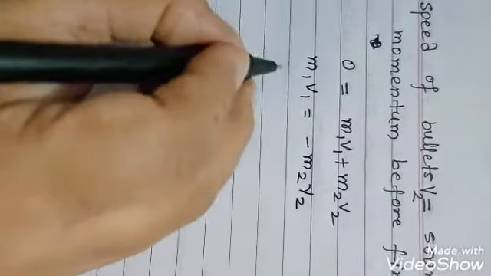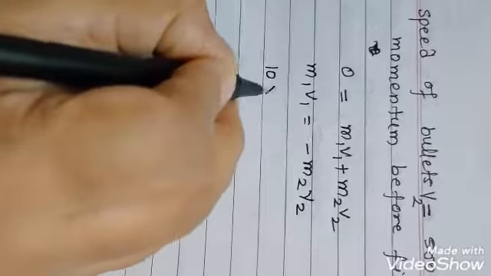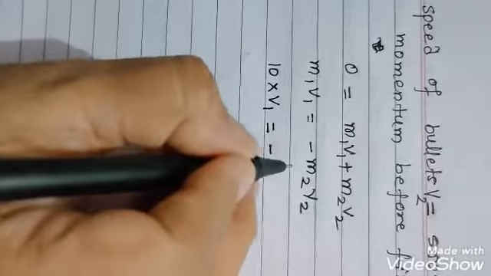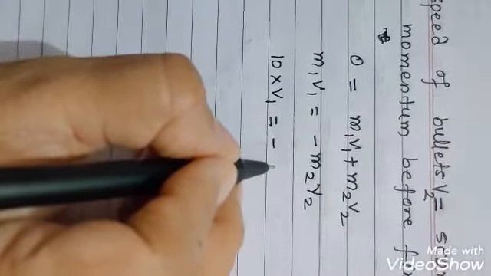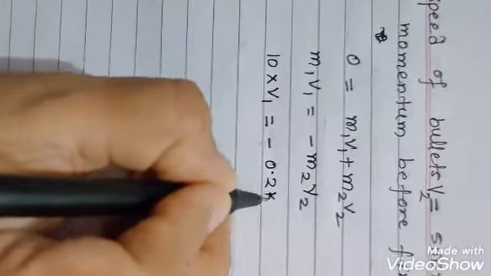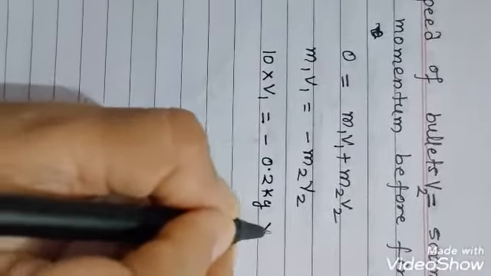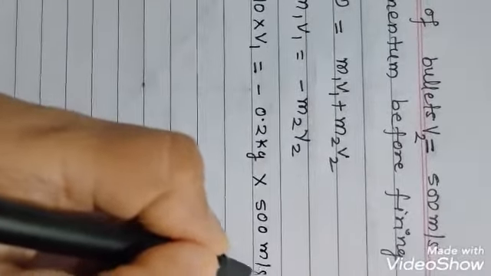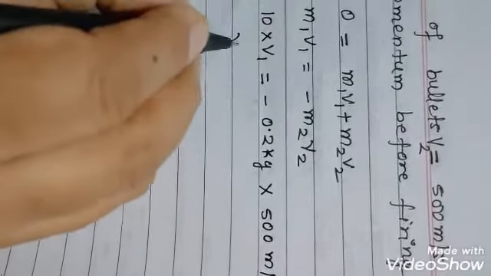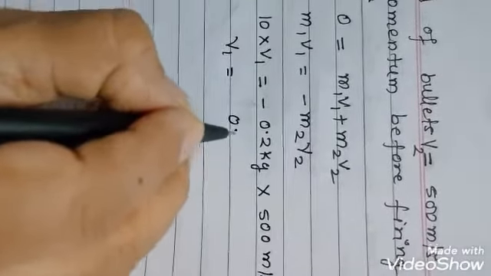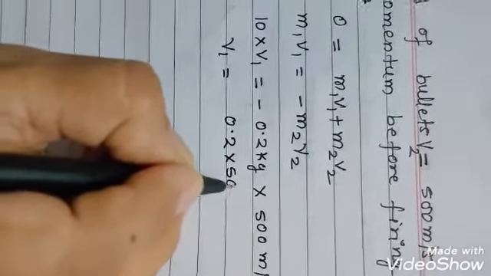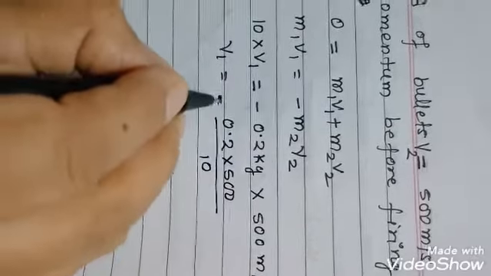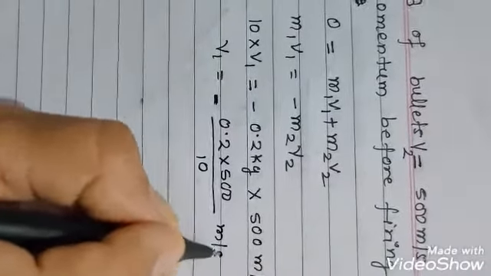m1 is the mass of the gun, which is given as 10 kg. Velocity v1 is not given. m2 is the mass of 10 bullets, which we have calculated as 0.2 kg, multiplied with v2, that is 500 meter per second. So we get v1 is equal to minus 0.2 into 500 upon 10, in meter per second.